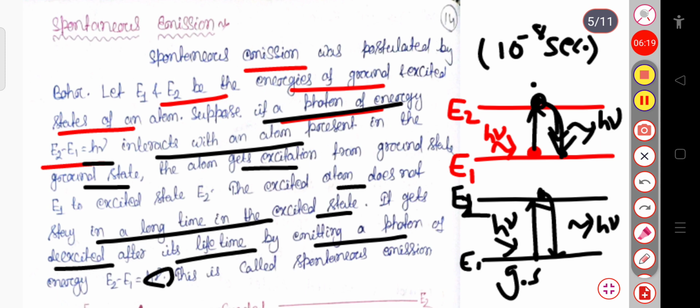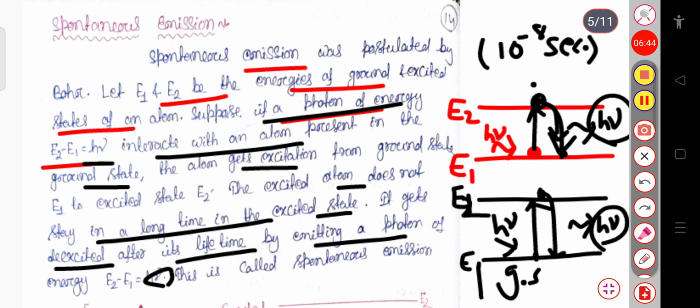So to go from E1 to E2, it needs energy h nu, and when it jumps from the E2 state to E1, that is the ground state, it will radiate the amount of energy h nu. This process in which the atom spontaneously comes back to the ground state by emitting the amount of energy h nu is called spontaneous emission.